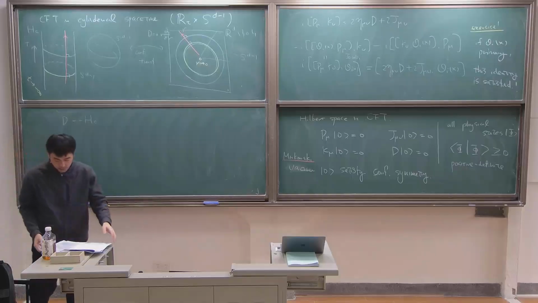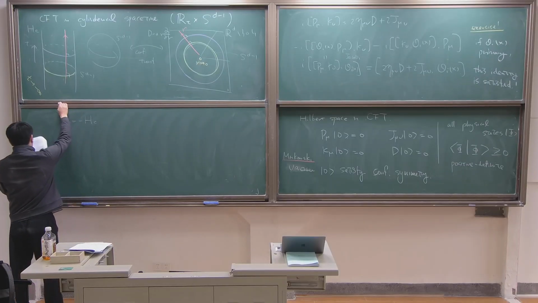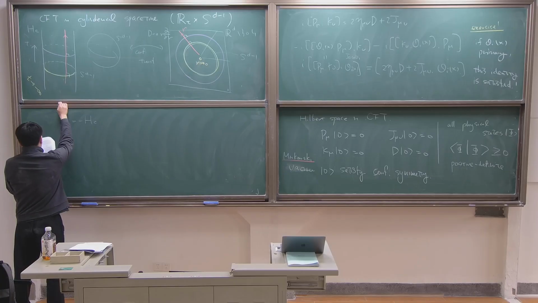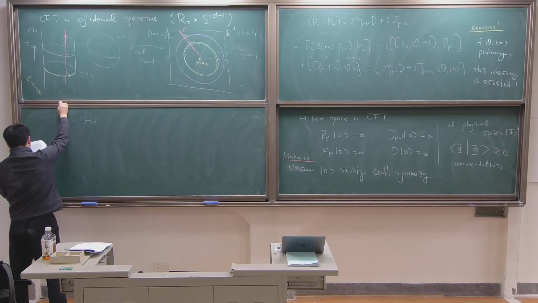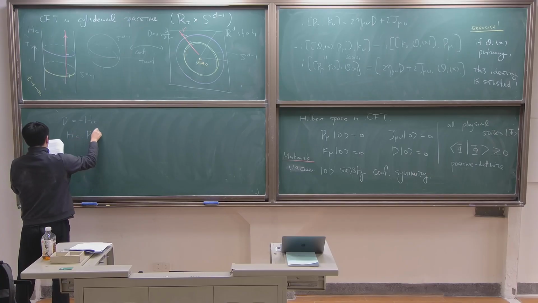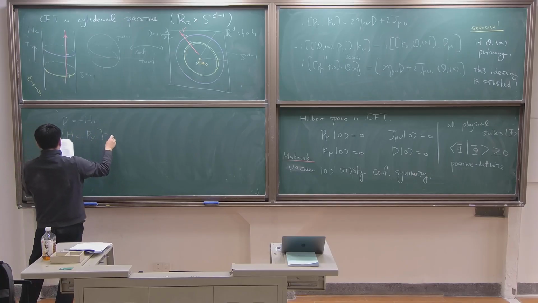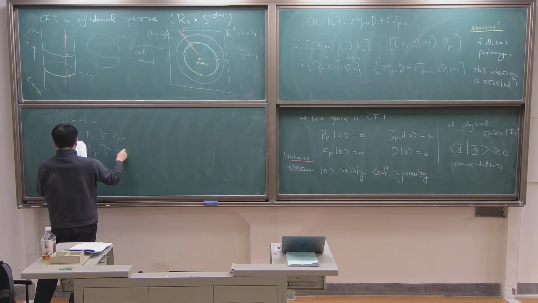instead. Okay, and then we know that H, so therefore now we have this kind of relation: H acts on P mu, and H acts on K mu is equal to minus K mu.